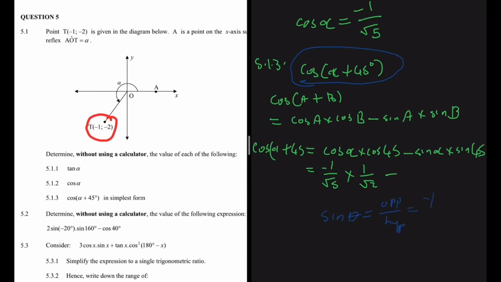So that is y divided by r, right? So let's just plug that in. So we're going to have minus y, which is minus 2, and then r, which is square root of 5. And then sine of 45. Sine of 45 is a special angle, square root of 2 divided by 2.